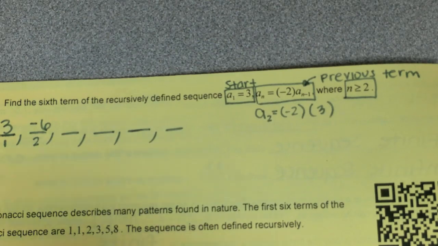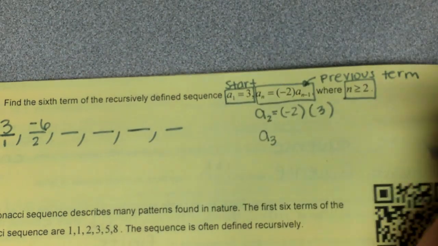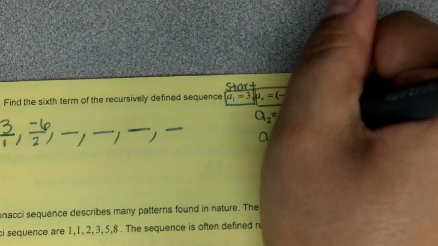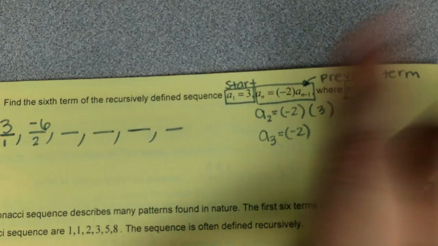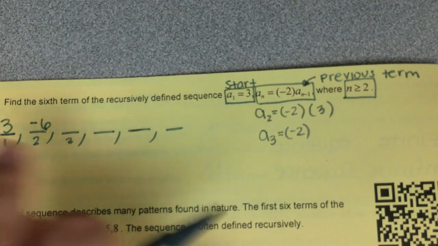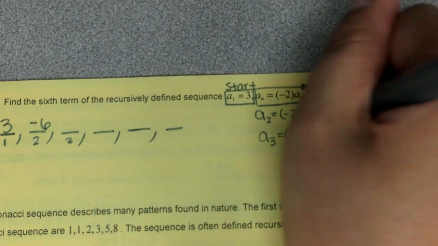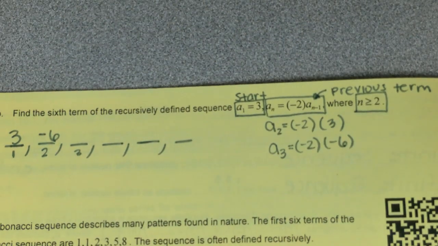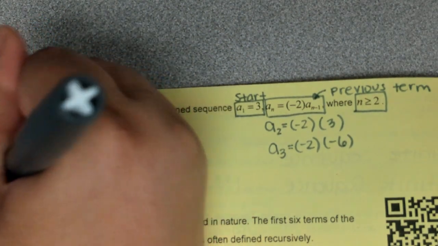How do I find A of 3? Negative 2 times, what's the term right in front of this? What's the value? Negative 6. What's negative 2 times negative 6? What is this doing each time? This is just multiplying by negative 2.